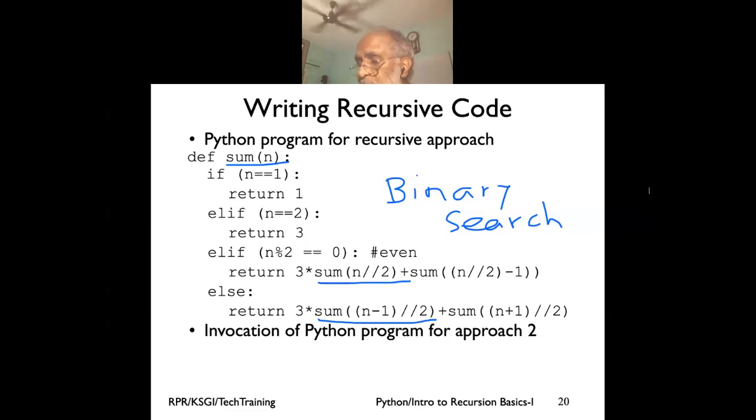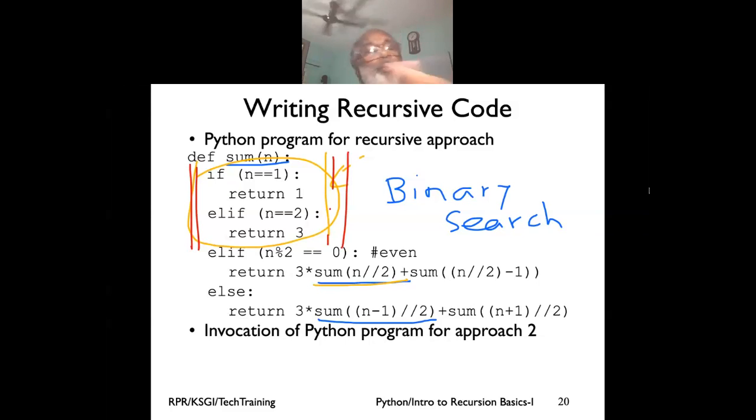So, sir, what we did right now was dividing this problem into half, right? Right, yeah. Instead of using elif again and again, we just directly use the if and else in the function. I need to have a terminating condition because at some point recursion has to stop. I cannot keep calling it. So this is my terminating condition. Remember, in recursion, these terminating conditions are very, very important.